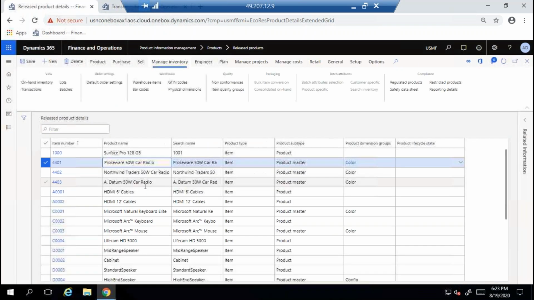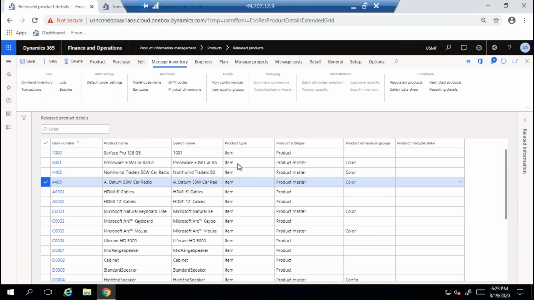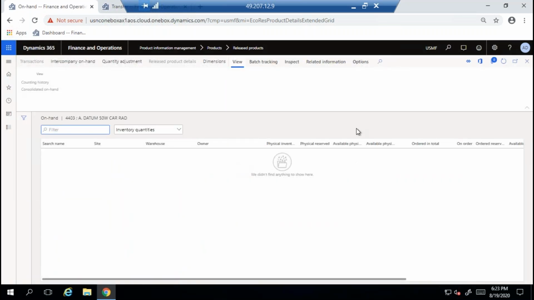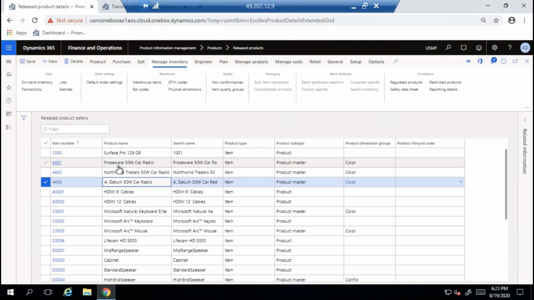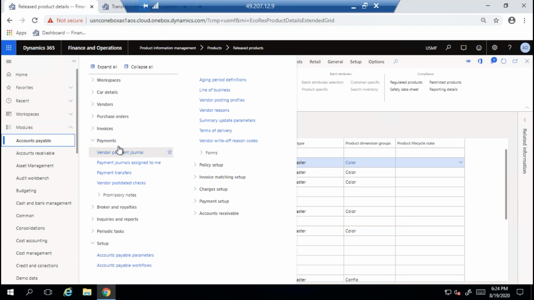There is no stock, my bad luck. 4402, 4403, stock is available. Okay, otherwise let me quickly do one transaction for 4401. Let me do one quick purchase order so that you can understand practically.